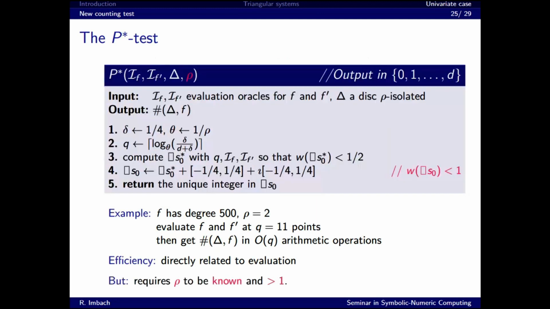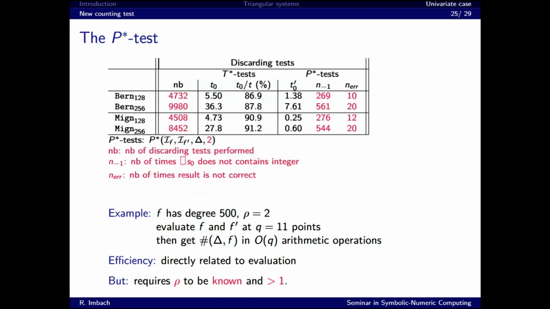Well, but the problem is that this test requires the isolation ratio rho to be known and greater than 1. So actually we cannot apply this test as a discarding test, and here I was cheating. What I was doing is applying the test with an arbitrary isolation ratio of 2.